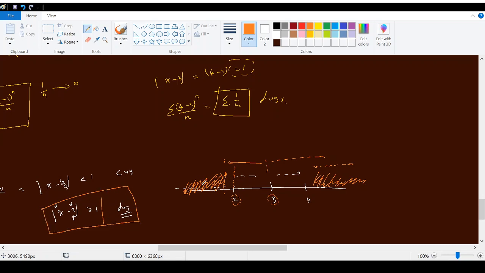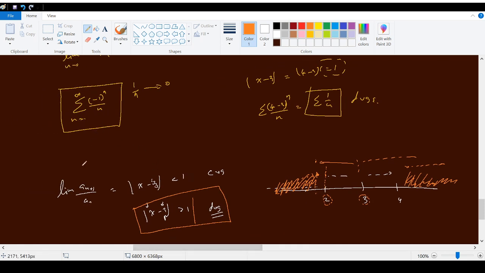In other words, for all these points, if you substitute in the series, the limit of the ratio test will be greater than 1. Say for example, if we choose number 10 as the value of x in our series, that is 10 minus 3 is 7 to the power this one, we don't have to manually calculate the limit, because from this generalized notation we already have the result, right?